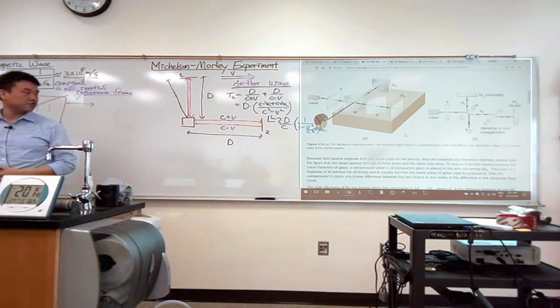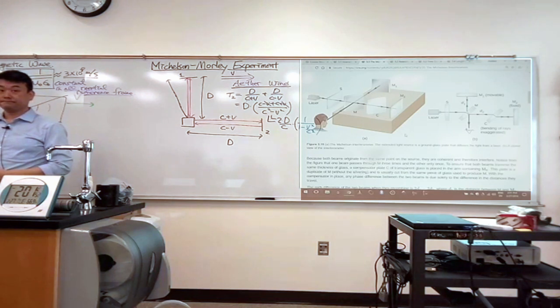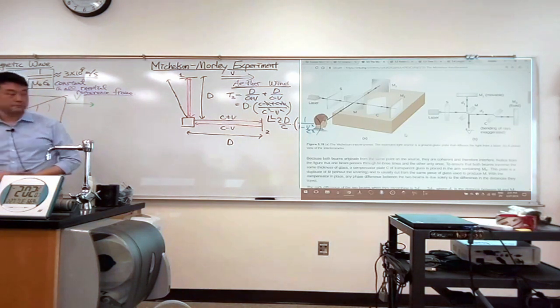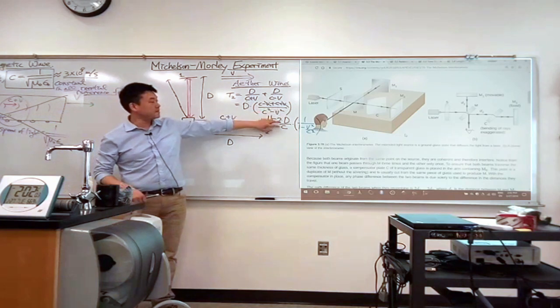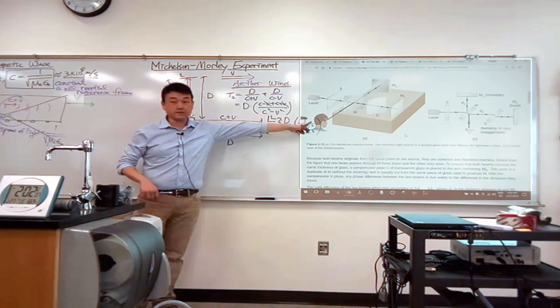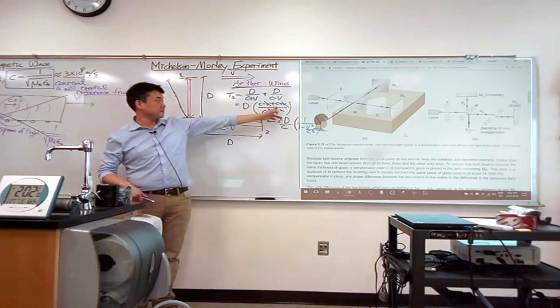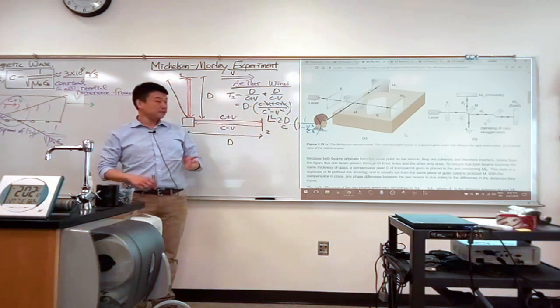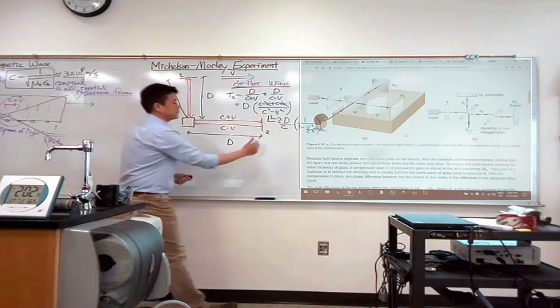I've done a couple extra algebra for some reason. Good. Multiply top and bottom by c, then you should get c divided by c squared minus v squared, which is what this is with this two. Good? All right, so that's my T2.